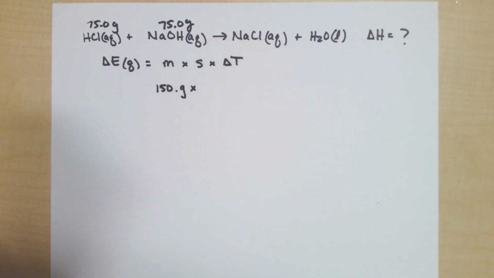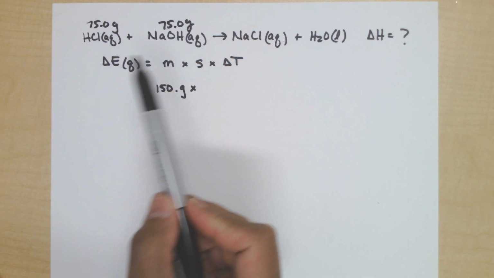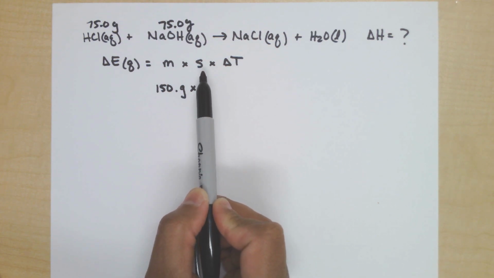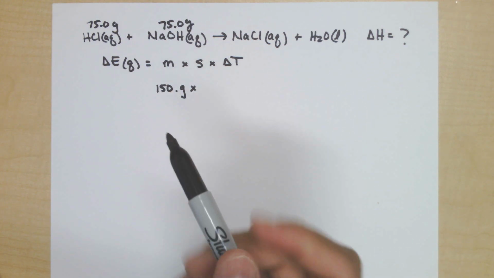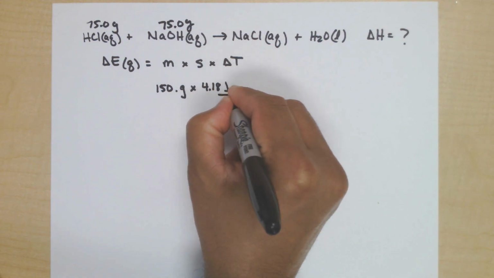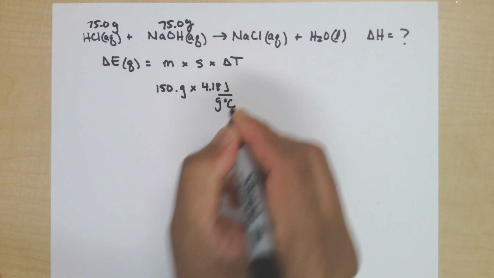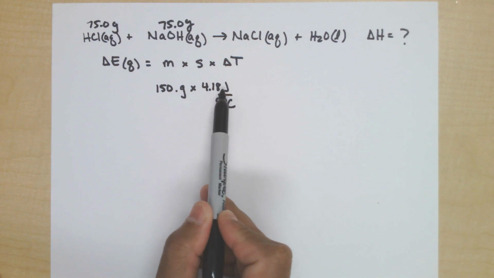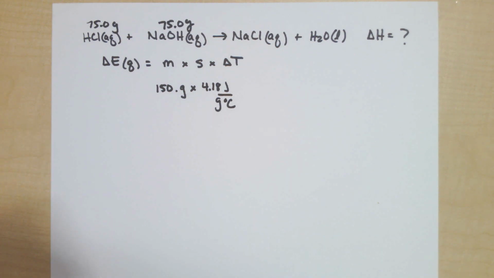Next, since the solutions are mostly water, we can again reasonably assume that the specific heat is just the specific heat of water. So I'll use 4.18 joules per gram per degree Celsius. In chemistry for engineers or some other sciences, you might use calories as a unit of energy.